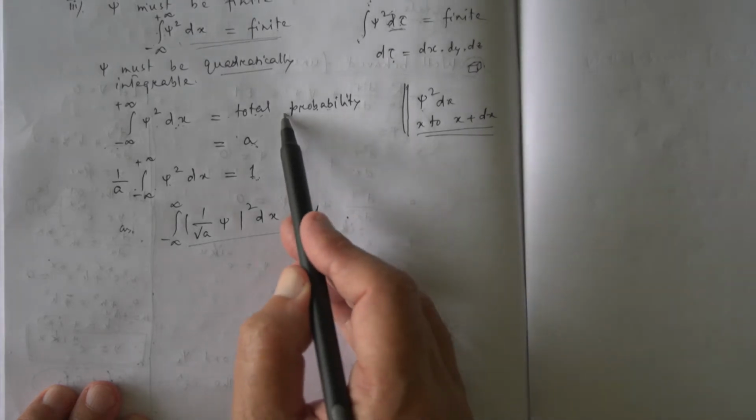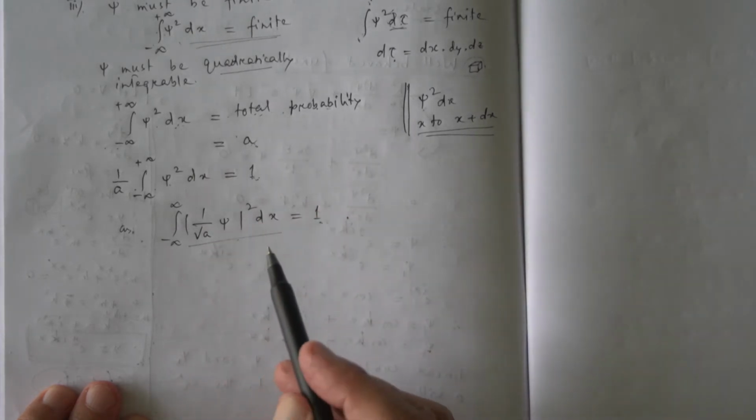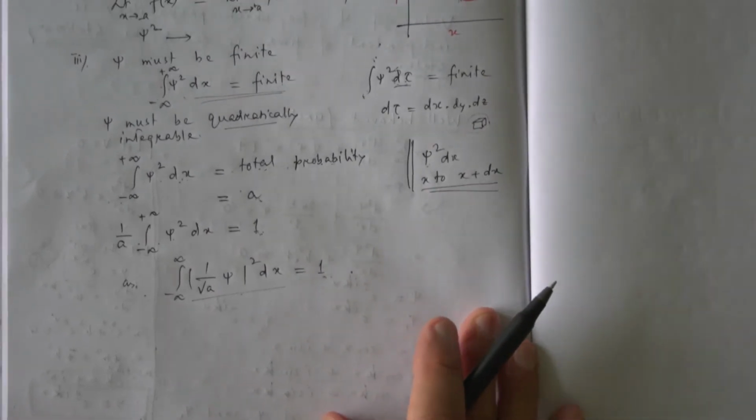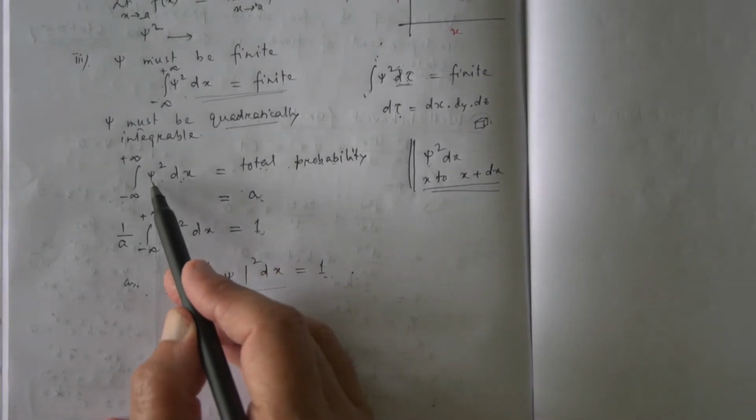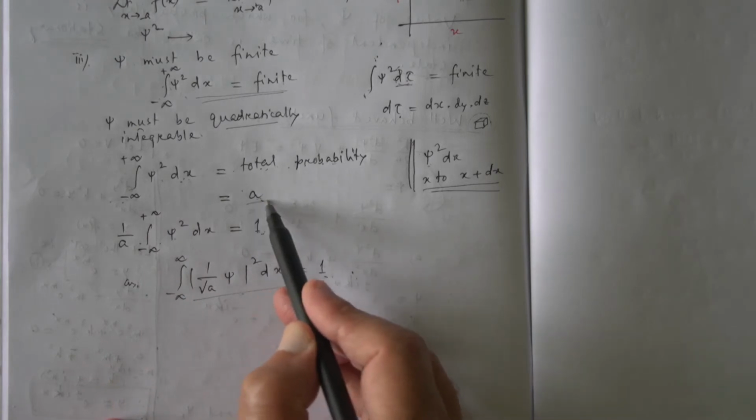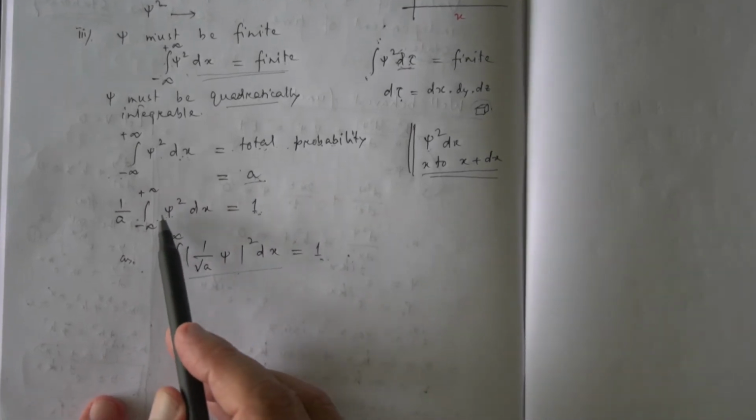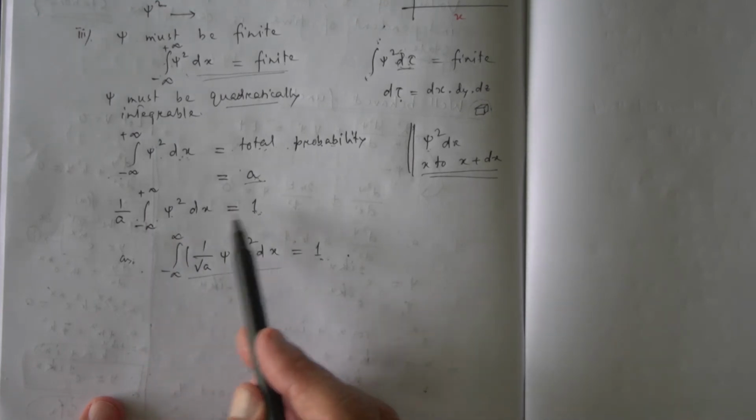But if it is infinity, we cannot do this. Now here you see, initially this integration was not equal to 1, but we have made this integration equal to 1.